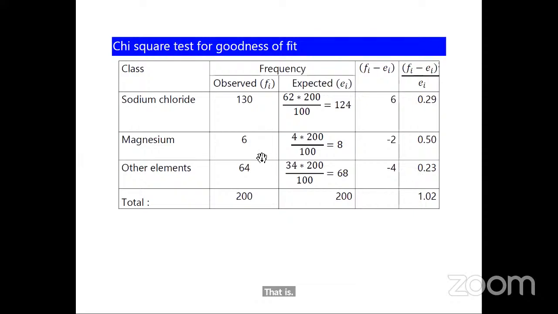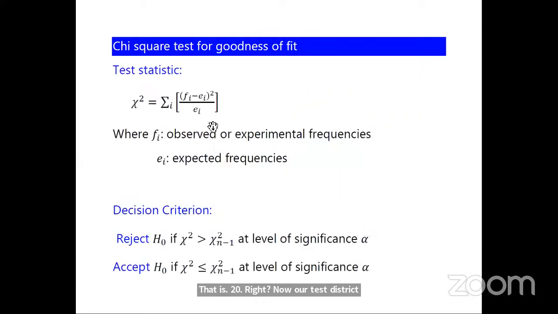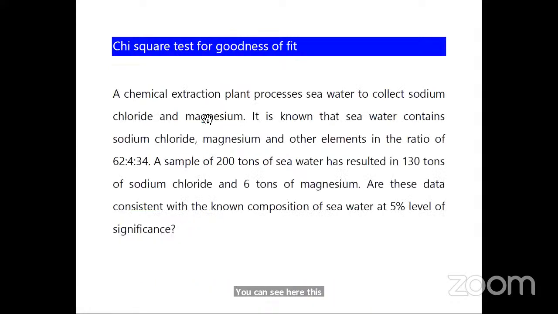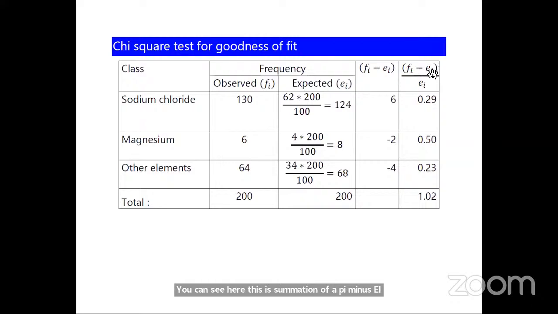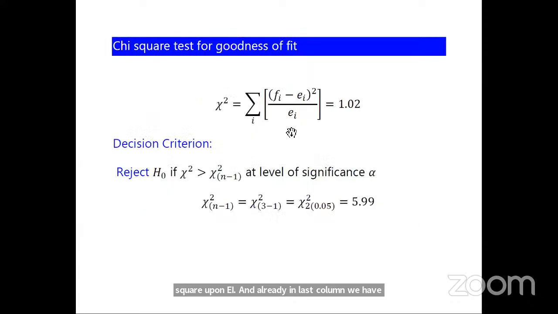Now our test statistic is the summation of (fi minus ei) square upon ei. And already in the last column we have computed that, so it will be just the sum of this column, that is 1.02. Okay. Now, this test statistic is 1.02.